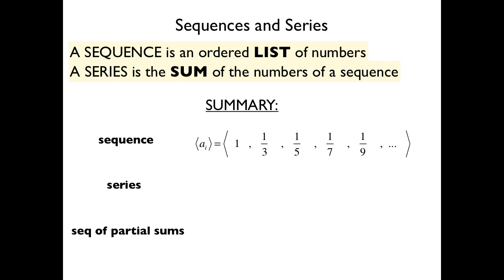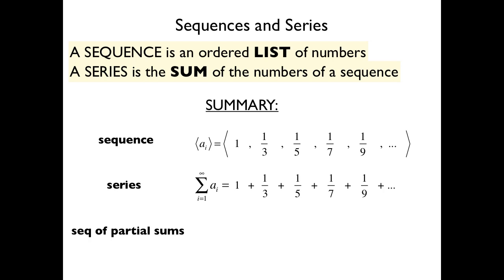So instead of A_i, you could have 1 over 2i minus 1. And that equals, Isaac, what's it equal? 1 plus 1/3 plus 1/5 plus 1/7 plus 1/9. That's the series.